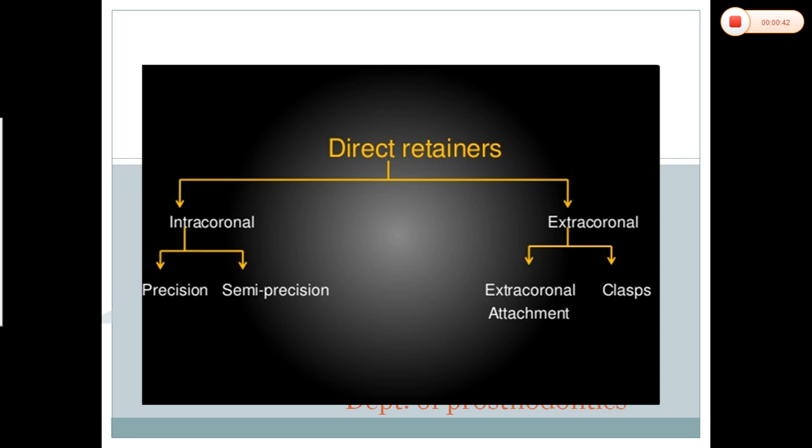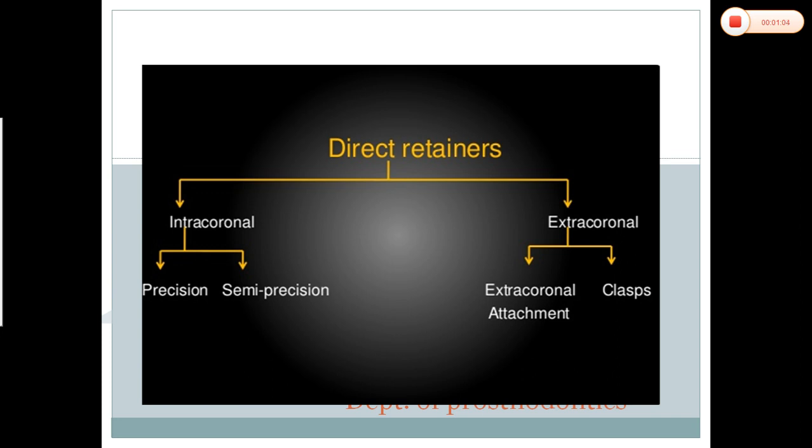Extracoronal attachments are similar to intracoronal attachments, where the attachment consists of matrix and patrix. These components are placed entirely outside the normal clinical contours of abutment teeth.